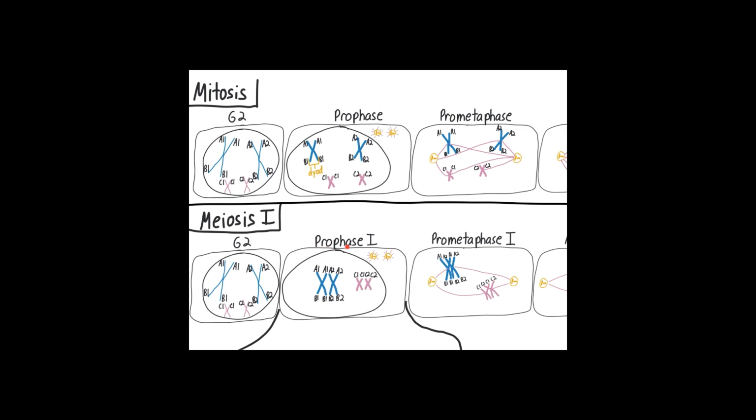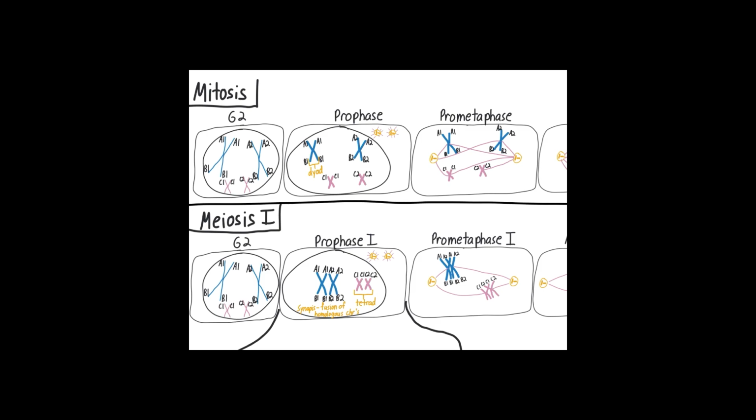But in prophase I of meiosis, pairs of homologous chromosomes pair with each other, forming a structure made of 2 homologous chromosomes and 4 chromatids, called a tetrad. There are 2 tetrads in this cell. The formation of tetrads is called synapsis.